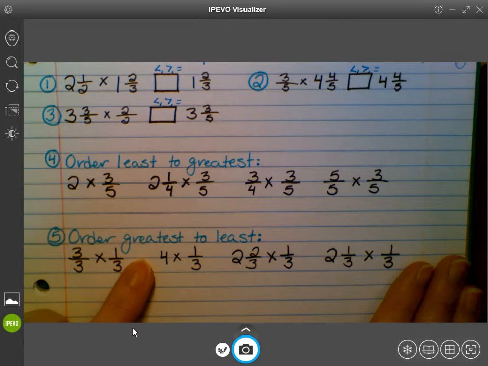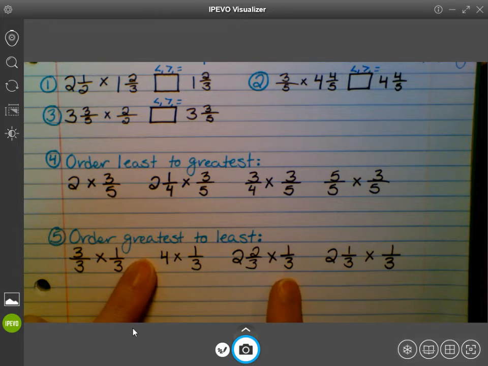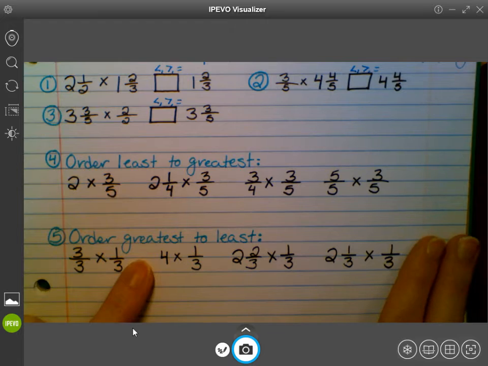And make sure you're putting enough space in between your equations for 4 and 5 because you don't want to accidentally link some numbers together that aren't a part of the equation.